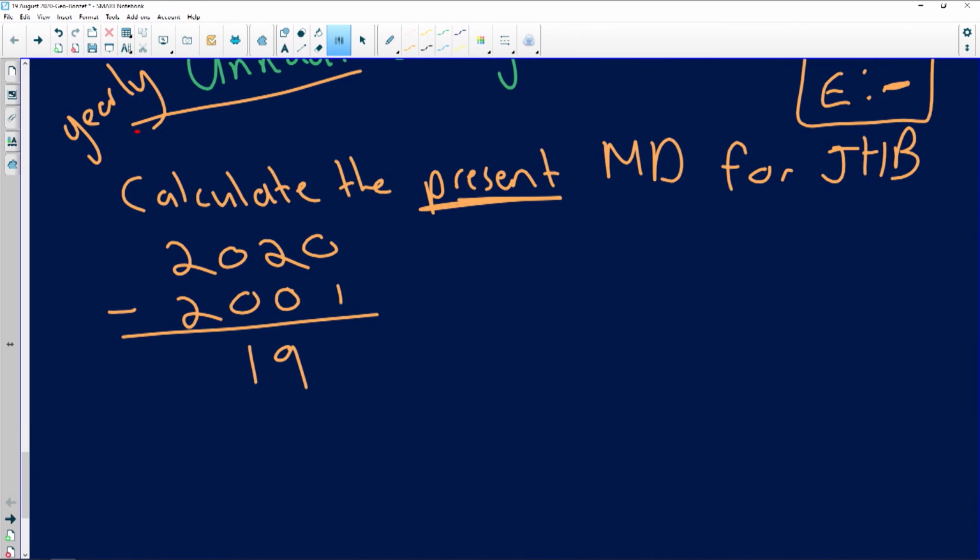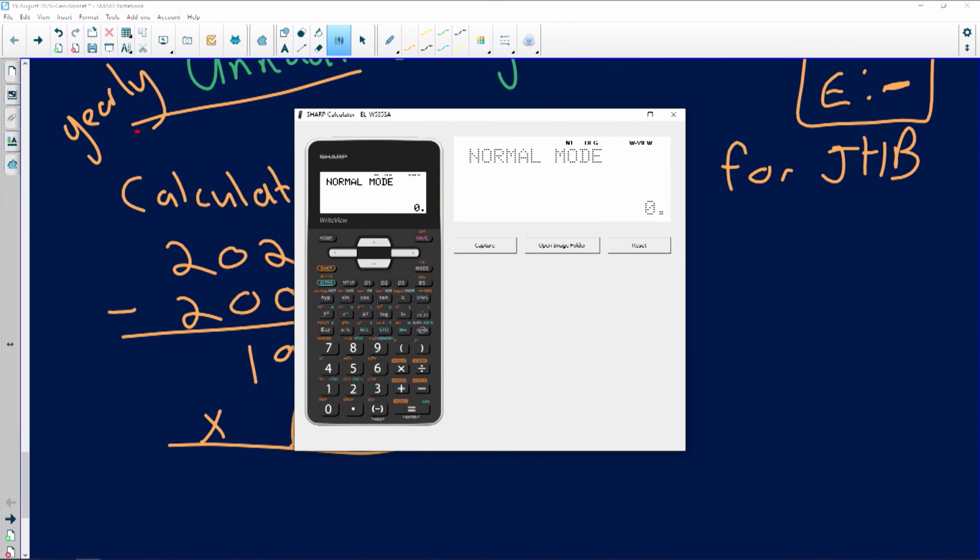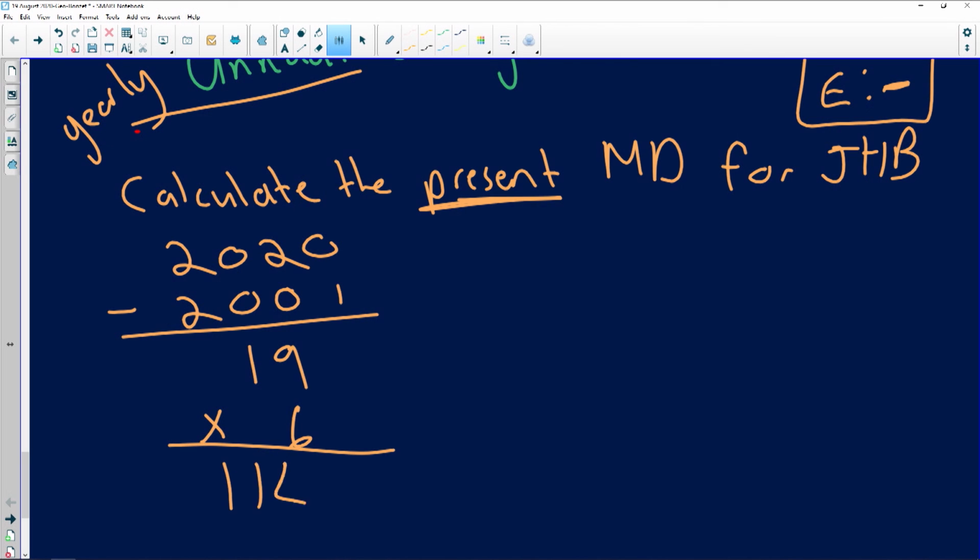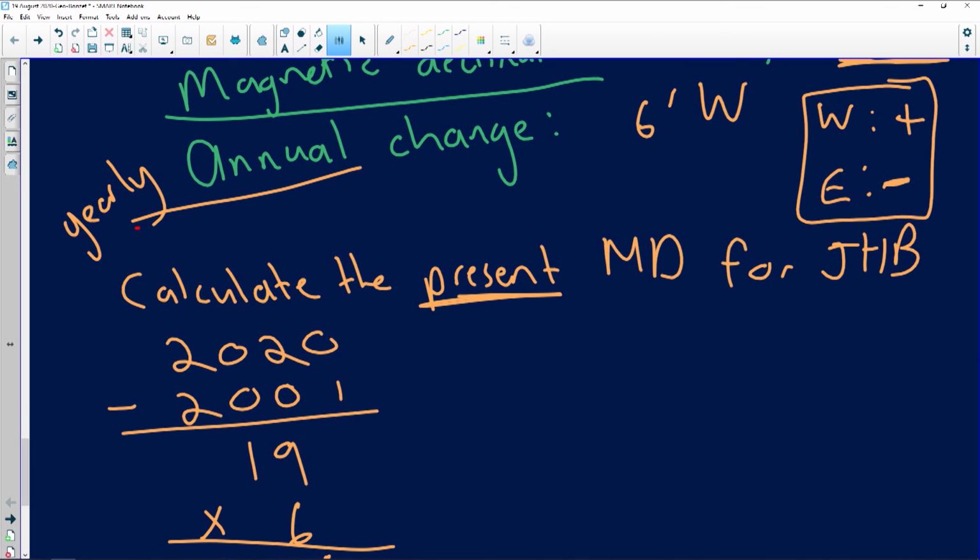So what do we do with that 19? Times it with 6. Okay. 19 times 6 equals 114 minutes. Now, can you remember when we started this lesson? We looked at coordinates. We talked about degrees, minutes, and seconds. Same principle applies over here. Do we talk about 114 minutes? No, we don't.